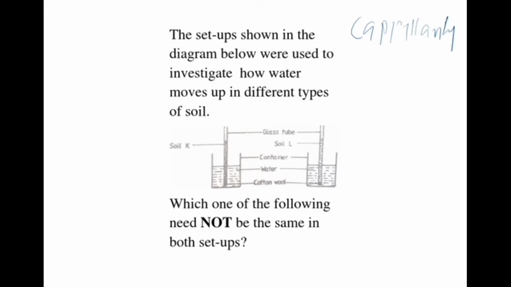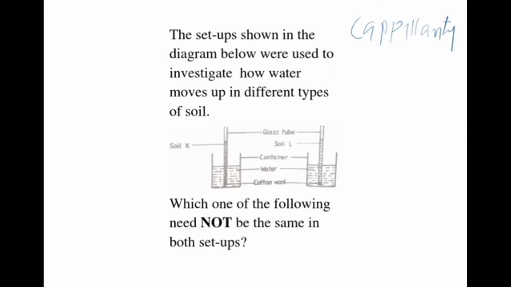Capillarity is the ability of the soil to allow water to rise in it. So different types of soil have different capillarity, or allow water to rise at a different rate. When you are carrying out capillarity, there are things that need to be the same.